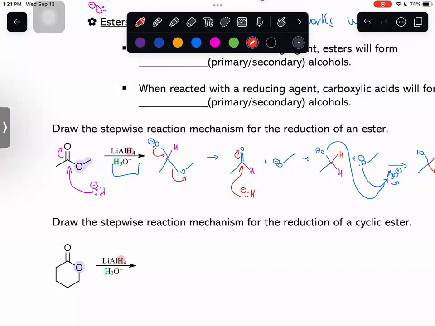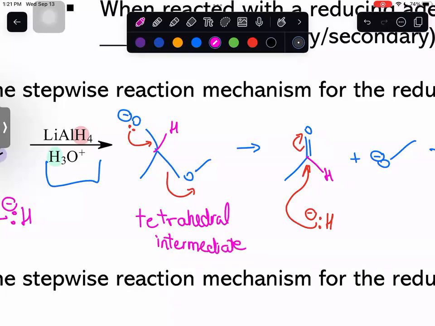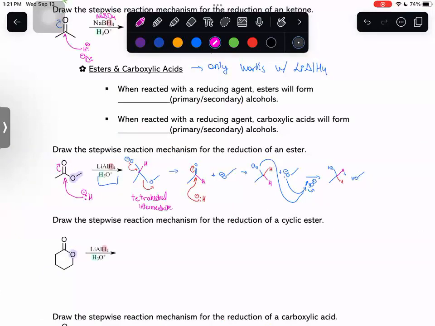Technically, no, but an intermediate that you should know is that this is just a general term. This is just a tetrahedral intermediate. It's not really that relevant. It's just in case.